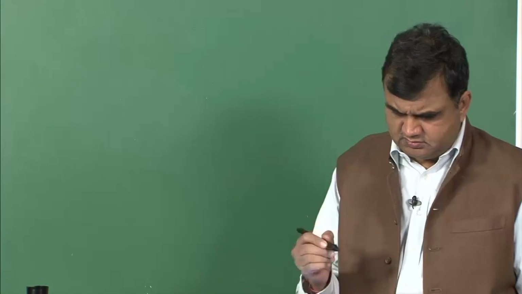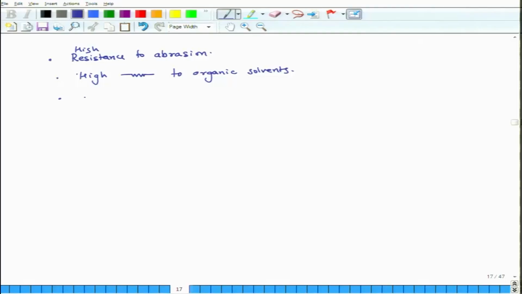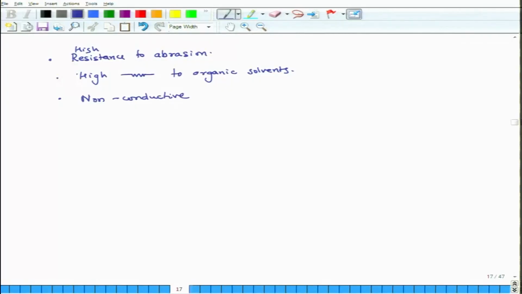So, in that sense they are very robust compounds. Non-conductive. You cannot use graphite fiber in situations where you want low conductivity, because graphite has a very good electric as well as thermal conductivity. These are non-conductive both for electricity as well as temperature.